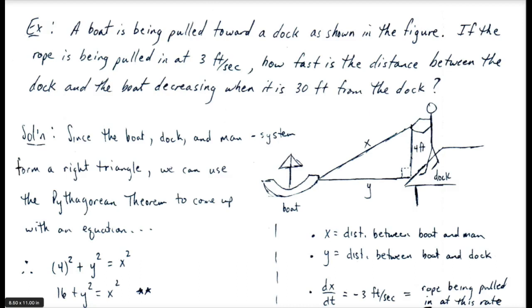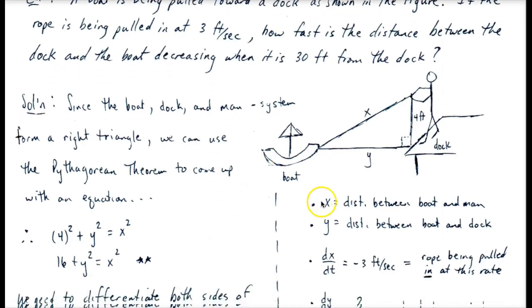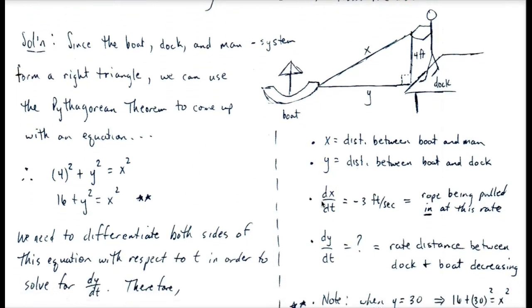As you can see here, I've tried to model this so that the system between the rope, the distance between the boat and the dock, and how far up the person is holding the rope from the floor of the dock models a right triangle again.